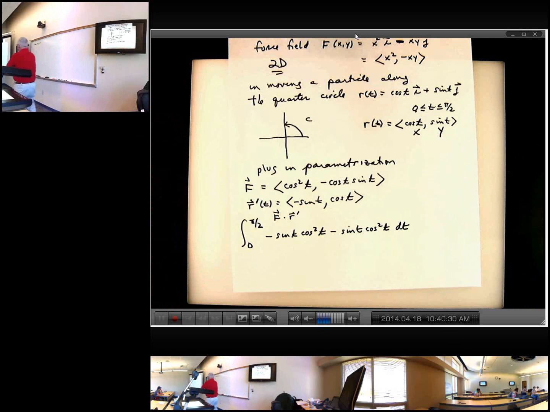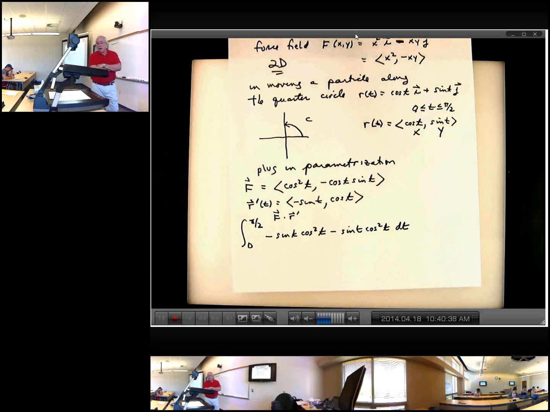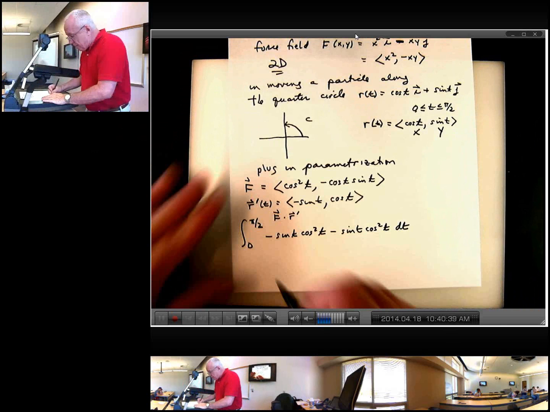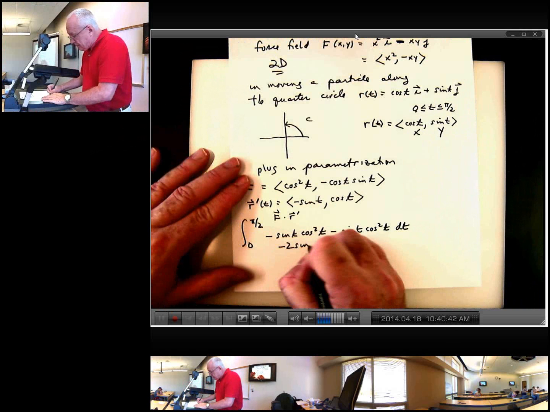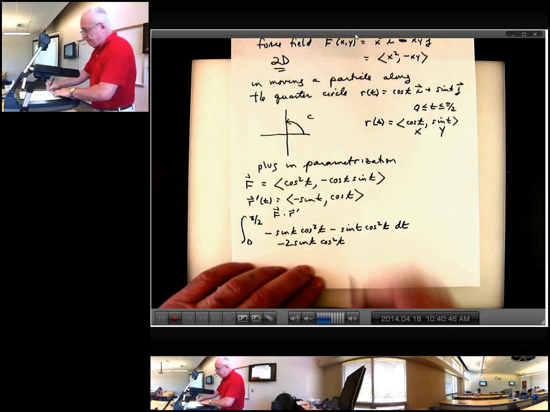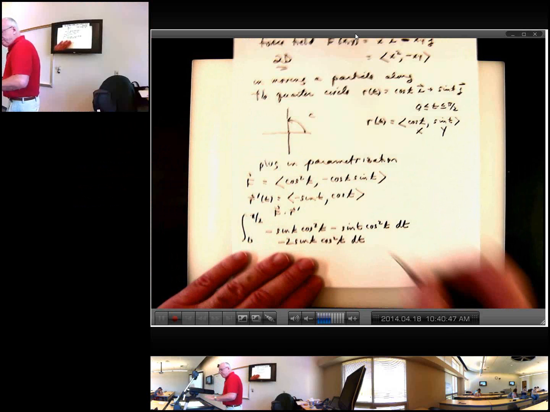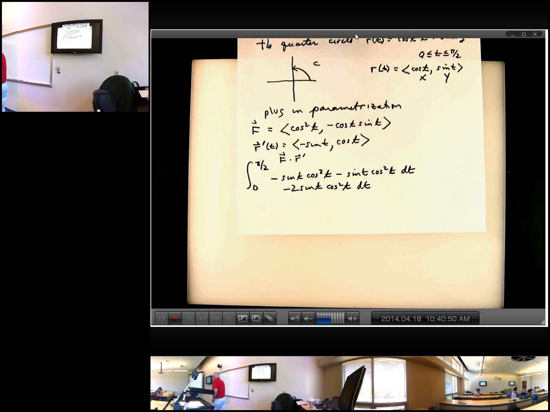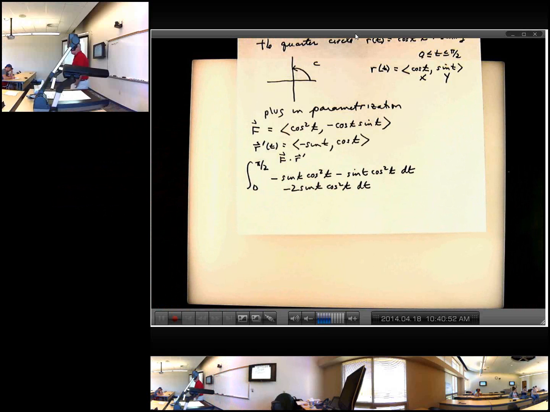Okay, then we simplify as we can. They're both the same, so I can just write this as minus 2 times the sine of t cosine squared of t, dt. All right. So then it's a matter of integrating this, and we should all know that I'm going to do a u substitution with u equaling the cosine of t.